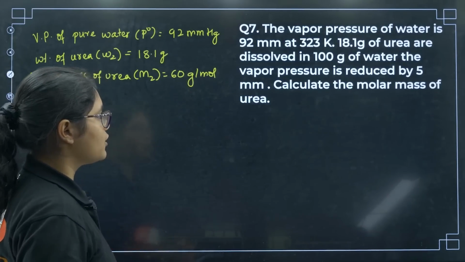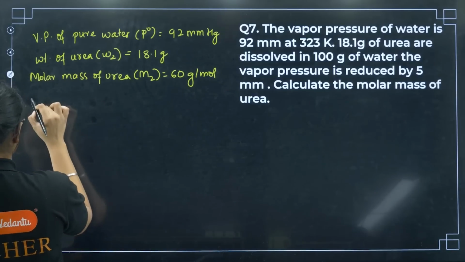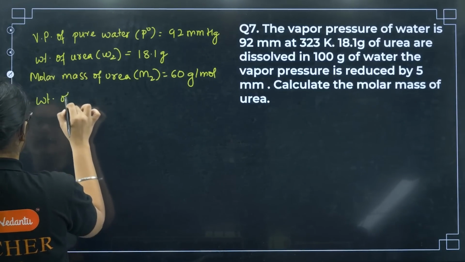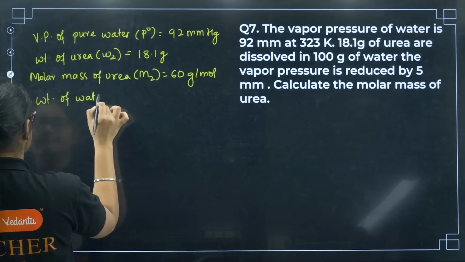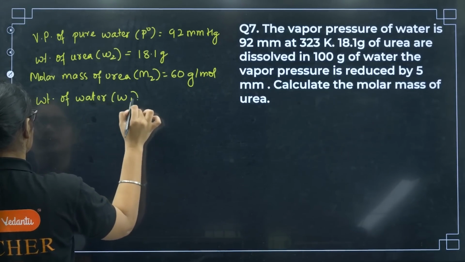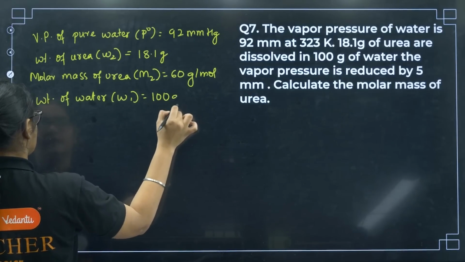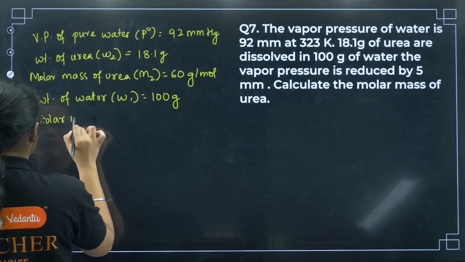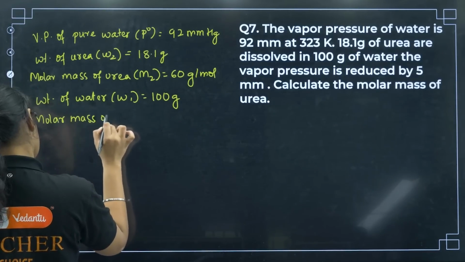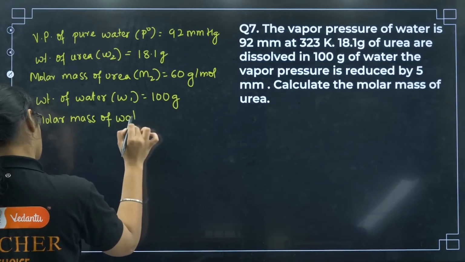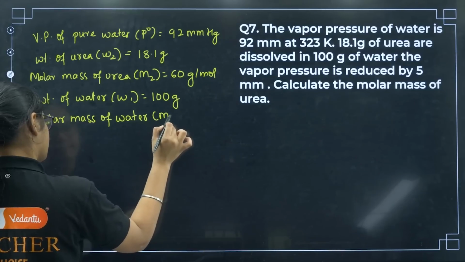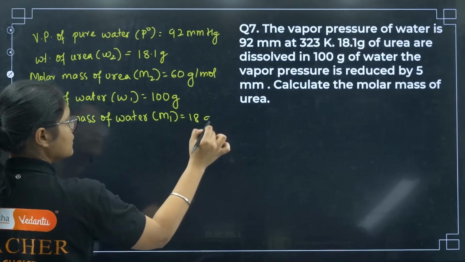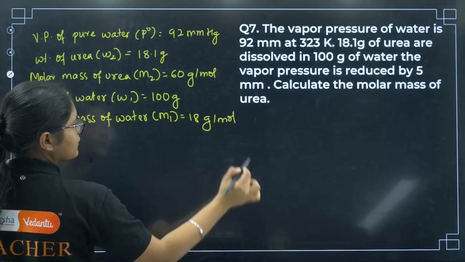Next we have dissolved in 100 gram of water, so I can write down weight of water, W1, that is your 100 gram, and molar mass of water, that is 18 gram per mole.